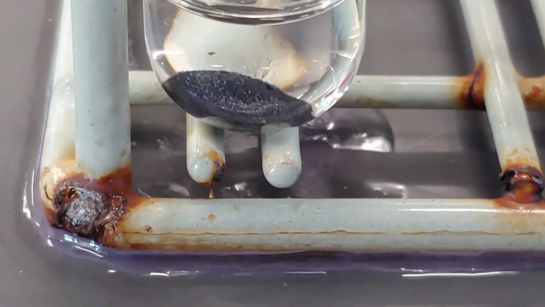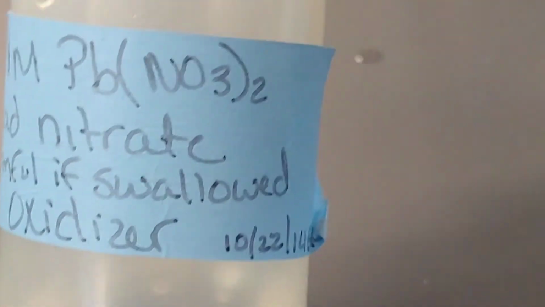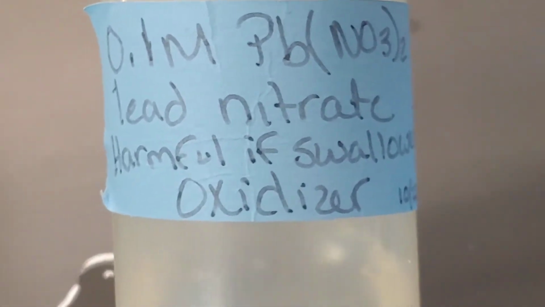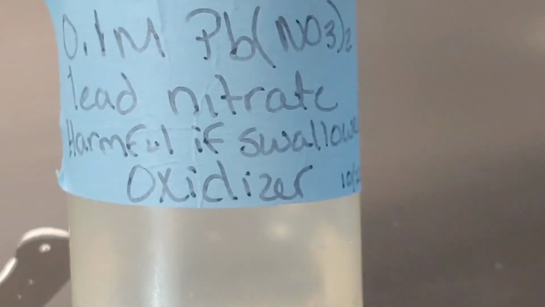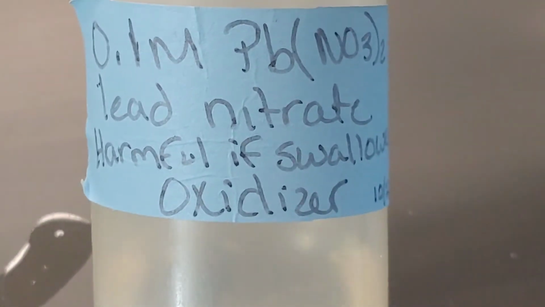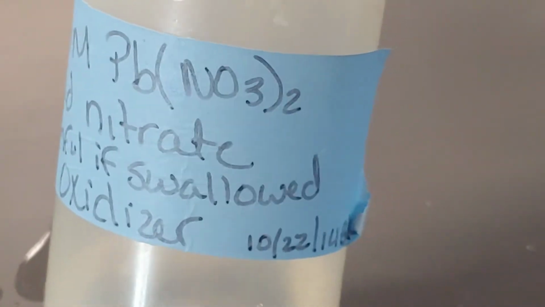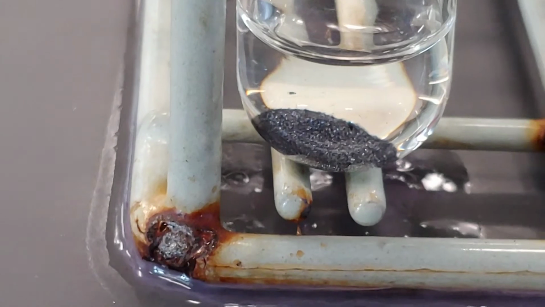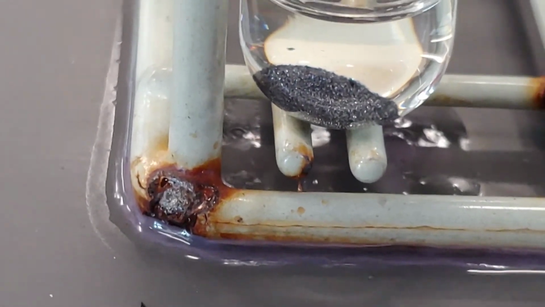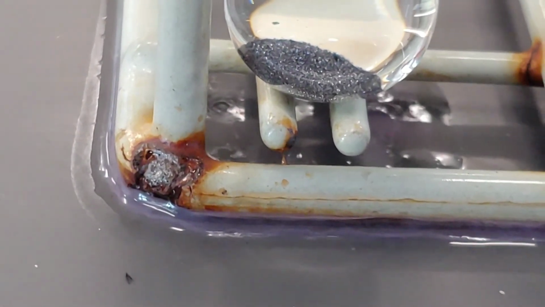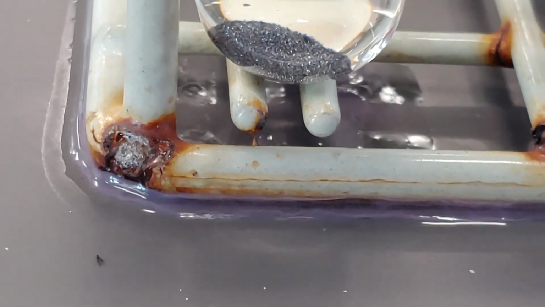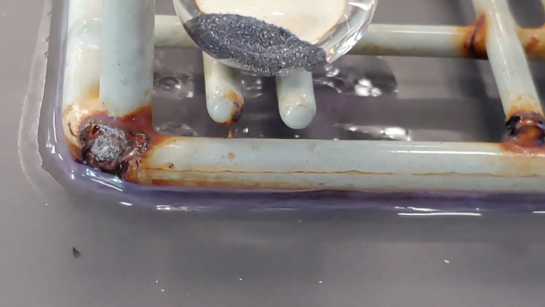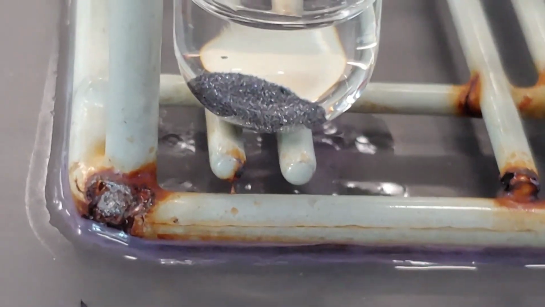And you can also see the lead nitrate bottle. Harmful if swallowed, oxidizer, which means that it produces lots of oxygen, which can lead to severe reactions. Zinc metal plus lead nitrate. Reaction number 11. That was it, 11.